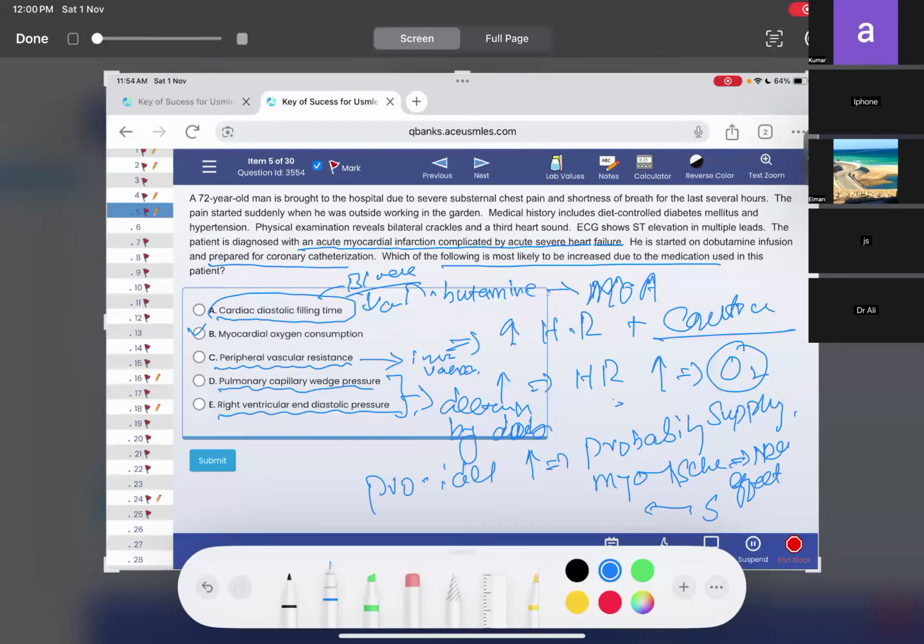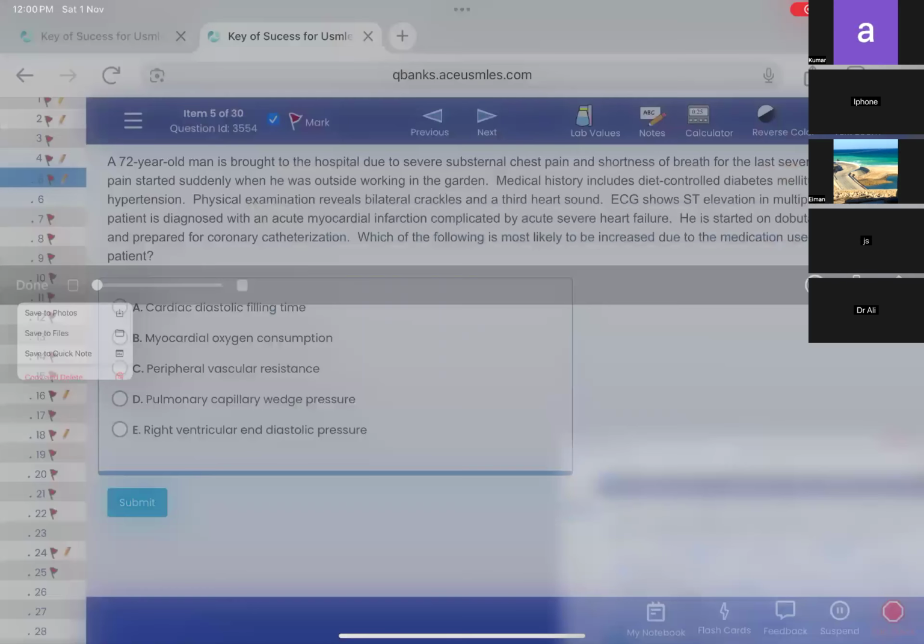Efficient oxygen supply to these myocytes will be provided by dobutamine, because it will increase the contractility and rate as well. Clear, doctor? Okay.